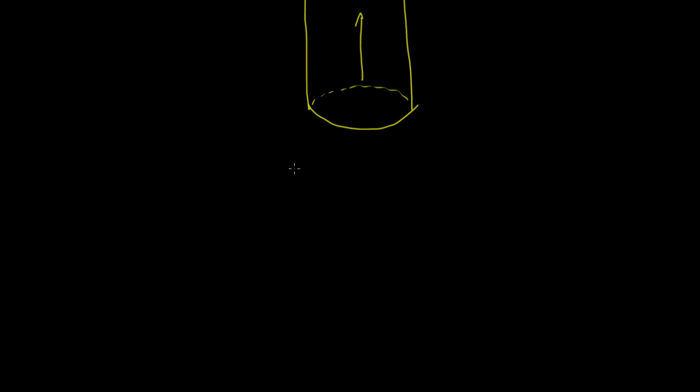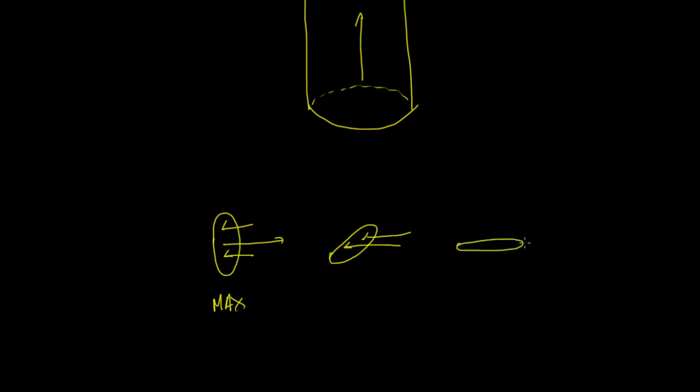Common sense tells us that if the surface was completely flat, and that's the direction of travel, then all the air is going to be hitting that there, so we're going to have a maximum air resistance. Now if that was in this position here, then the amount of air resistance would decrease, and if we were to shape that here like that and fire in this direction here, then the air resistance is going to be a minimum.